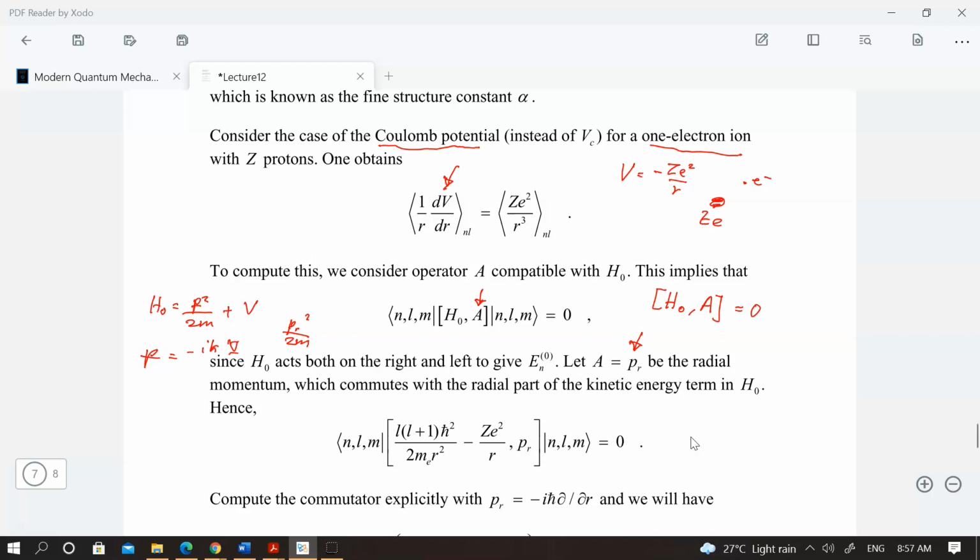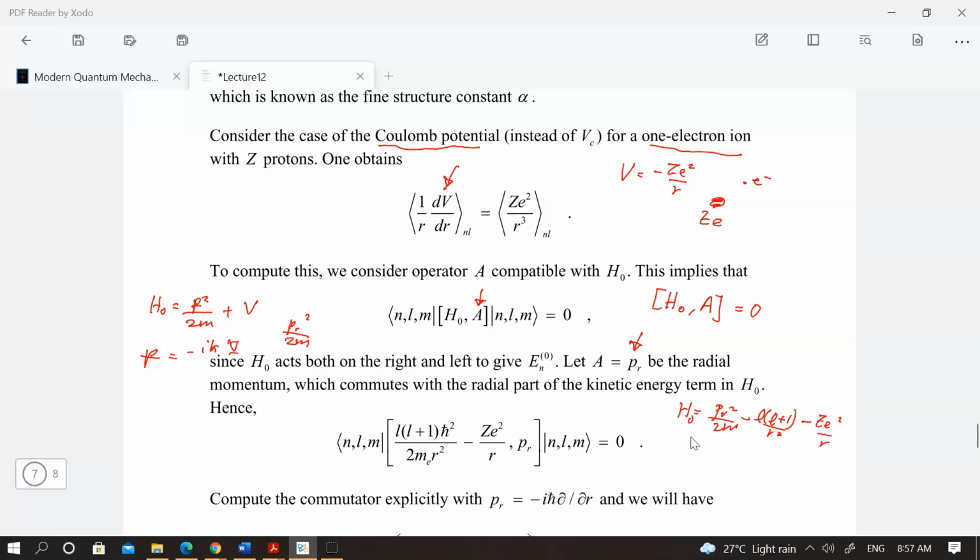I can't remember exactly what the whole thing is, but your H naught is something like P_r squared on 2m, and then you have what we call the centrifugal barrier, and then your Coulombic potential.